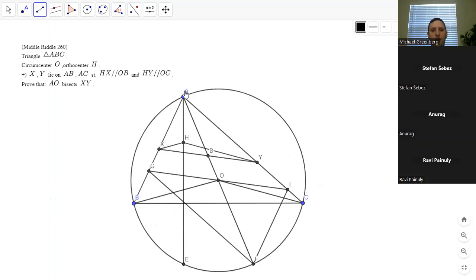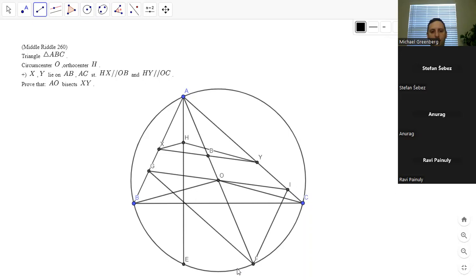And maybe we could do that by showing that AX over AG is AY over AI. And AG is equal to FI and AY is equal to FG. And these two triangles BGF and CIF are like pseudo similar.